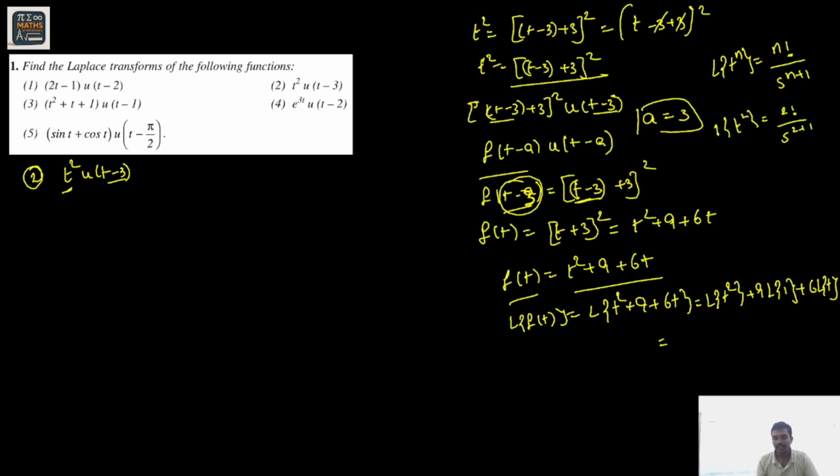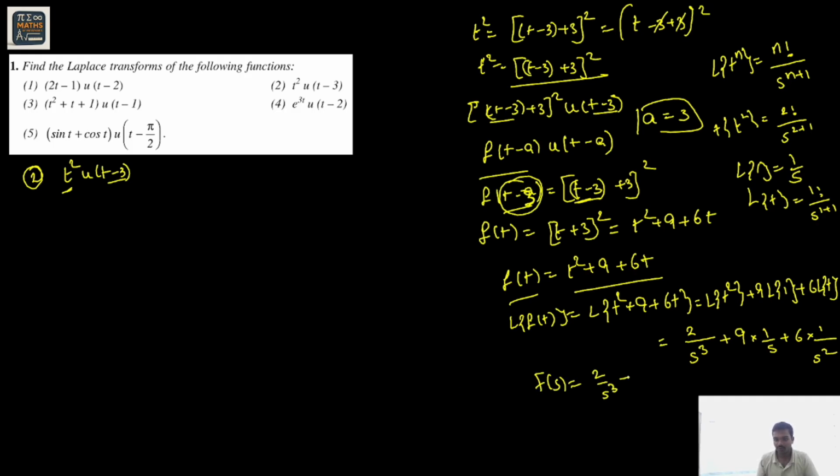So 2 factorial means 2 by s to the power of 3, plus 9 into Laplace of 1, which is 1 by s, plus 6 into Laplace of t, here n value is 1, then we get 1 factorial by s to the power of 1 plus 1, one factorial means 1, so 1 by s square. Here f of s is equal to 2 by s cube plus 6 by s square plus 9 by s.